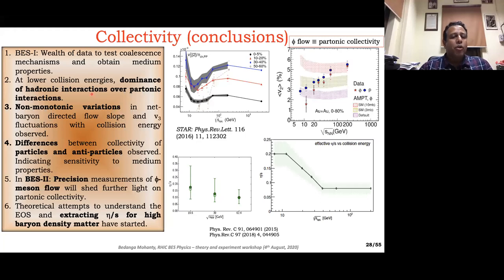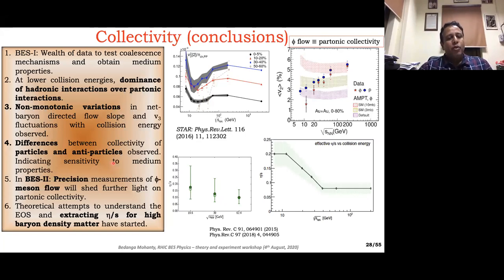We saw non-monotonic variation of net baryon directed flow slope as a function of collision energy. What I didn't discuss is that there is also non-monotonic variation of V3 square as a function of collision energy. We have seen differences in collectivity of particles and antiparticles. These may be indicating sensitivity to the medium properties as we dial down the beam energy.